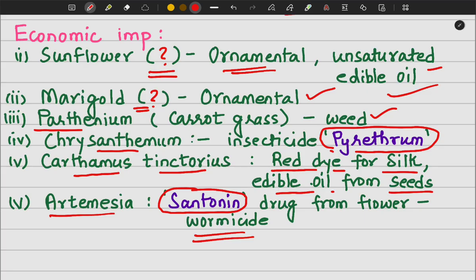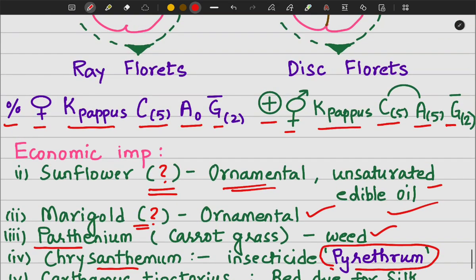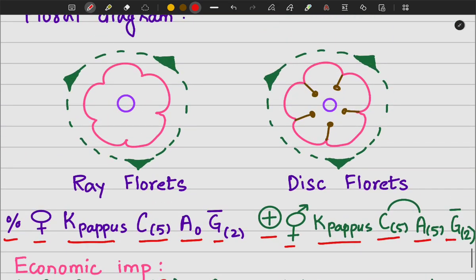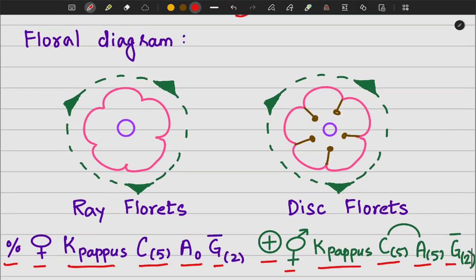Alright, so these were some economically important plants along with their examples, and I hope the new or the unique features, especially the floral characters which we studied for the Asteraceae family or the sunflower family, are clear to you.